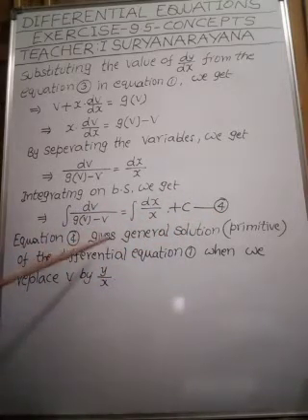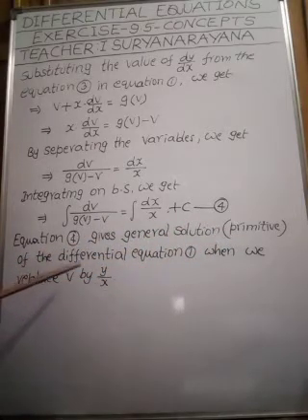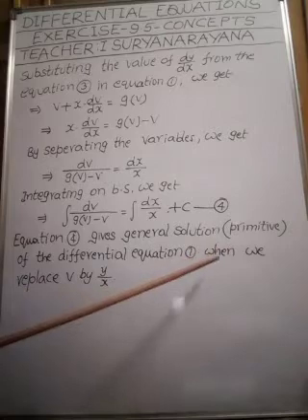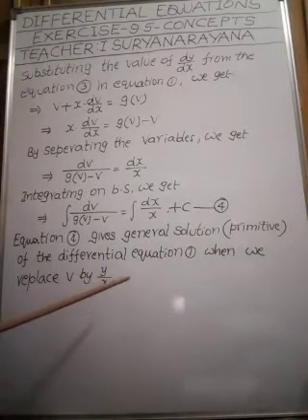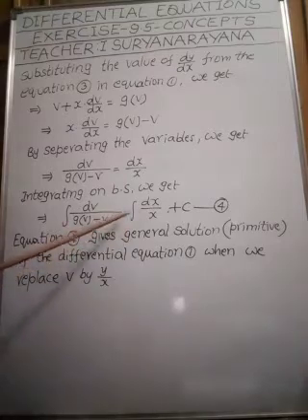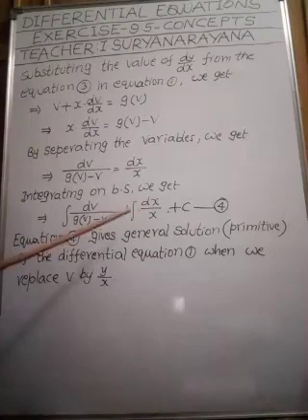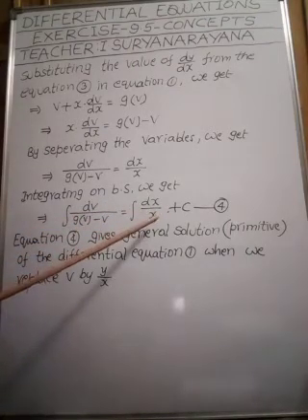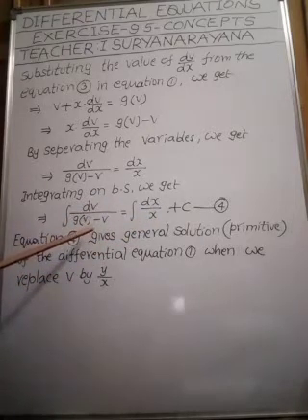Equation 4 gives the general solution, the primitive of the differential equation 1, when we replace v by y by x. So after finding the integral of this function and the integral of this function, here we get the answer in terms of v.